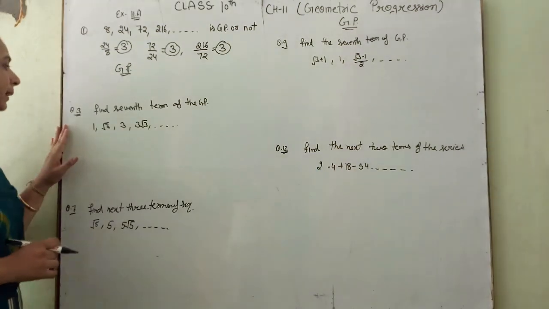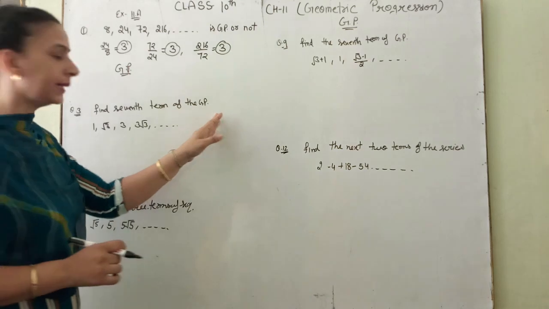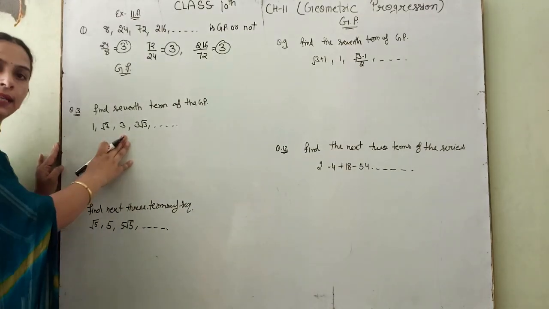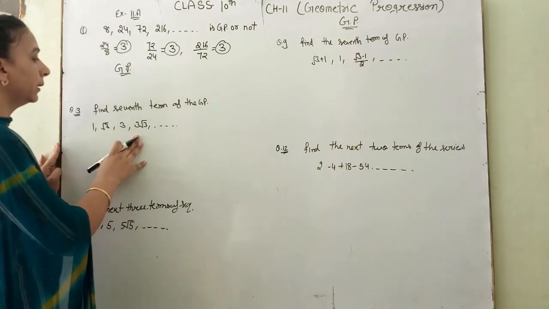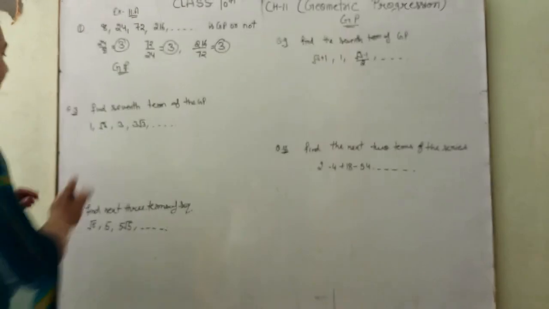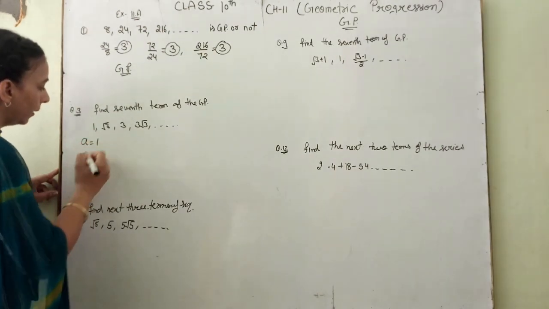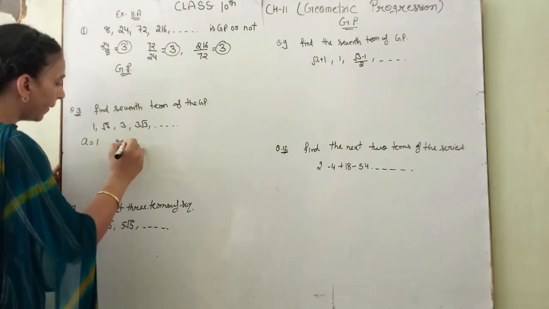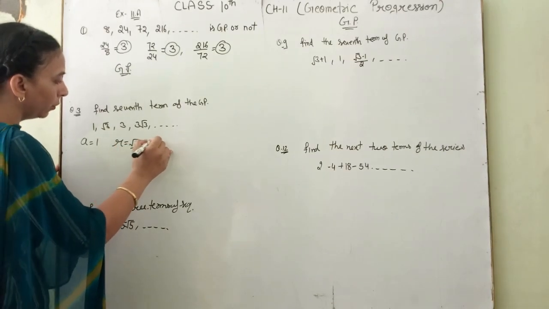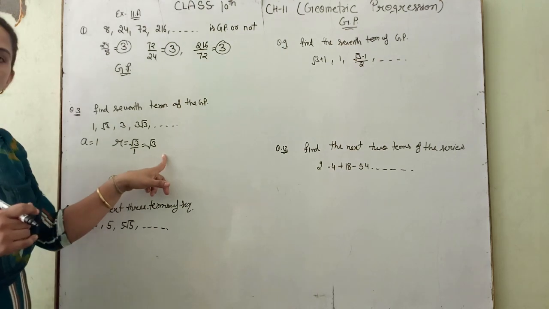Question number 3. Find the 7th term of this GP: the first term is 1, second is root 3, third is 3, next is 3 root 3. We find the 7th term of this GP. Students, the first term is 1, and we find R. R is root 3 by 1, which equals root 3. The common ratio equals root 3.